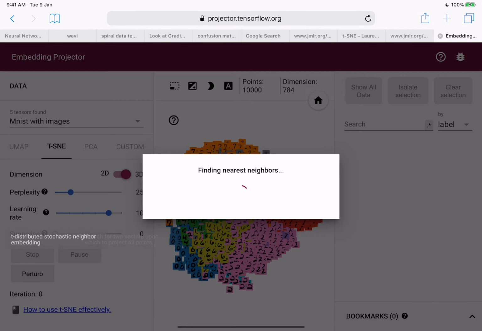If we perform the t-SNE, it takes some time. The first step is to find the nearest neighbors in t-SNE. It takes some time, so let me just run it over here.